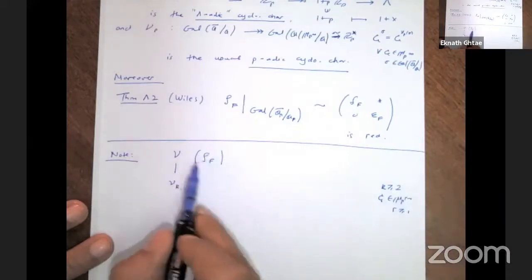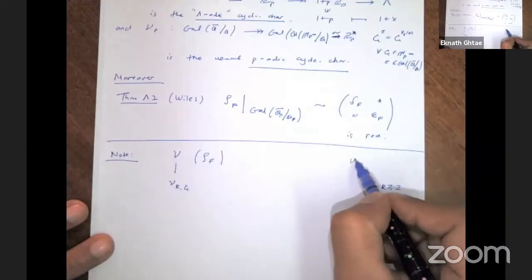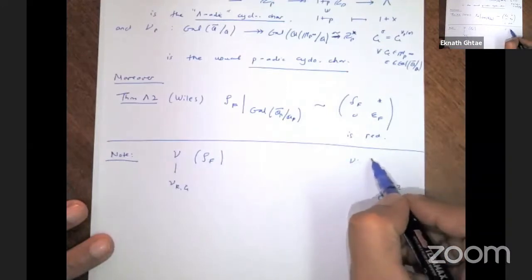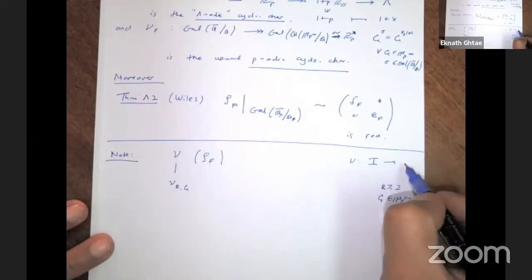Suppose you specialize the power series under this homomorphism nu, right? Nu was a homomorphism from I to Q p bar.